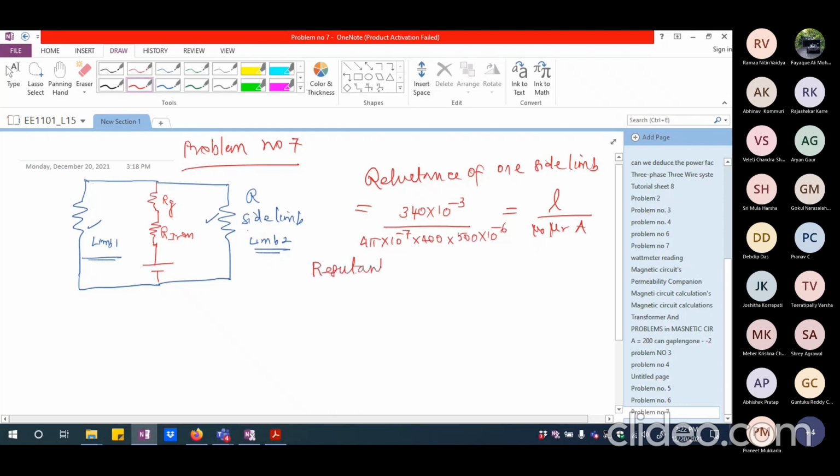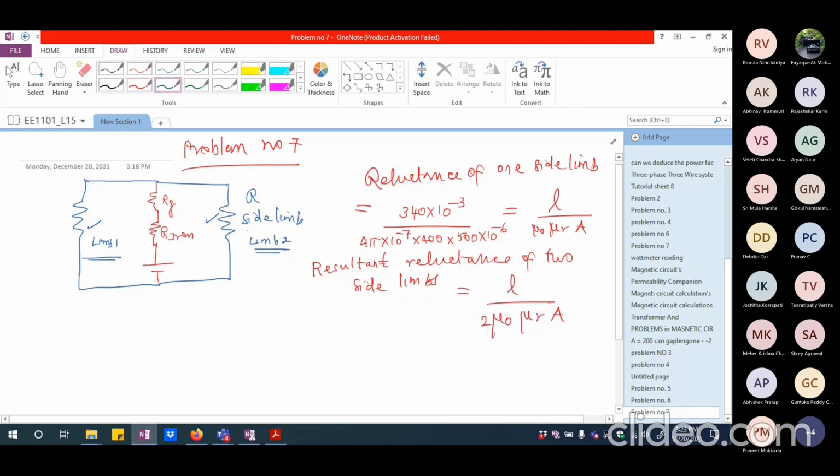But the resultant reluctance of two side limbs is going to be L divided by 2 mu naught mu R multiplied by A. This is going to be the resultant reluctance of two side limbs when you are going to have them in parallel.